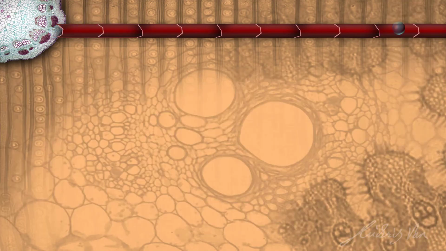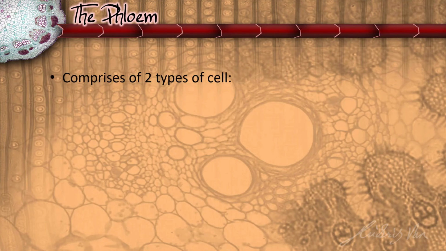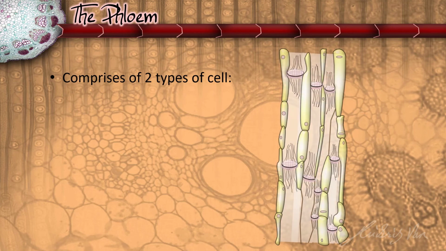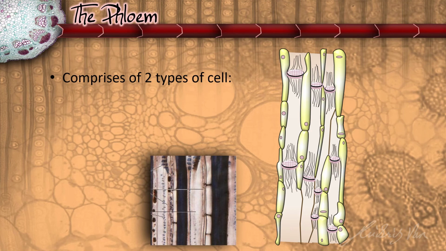As for phloem, it consists of 2 types of cells. The cartoon version will look like this, while the actual phloem will look like this. The first type of cell is called the sieve tube element or the sieve tube cell.